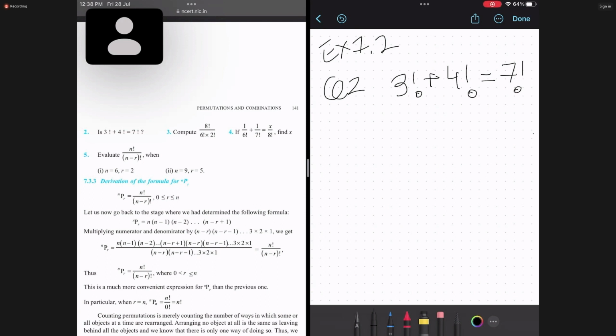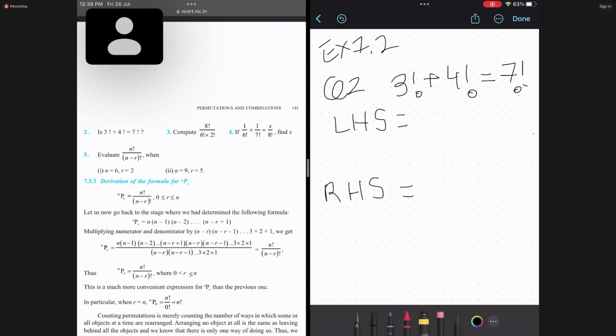When we are doing such questions, it is very imperative for us to remember how to approach this. Whenever you are trying to prove something right or wrong, you start by first solving the LHS and then solving the RHS, and that is how you're going to show your work.